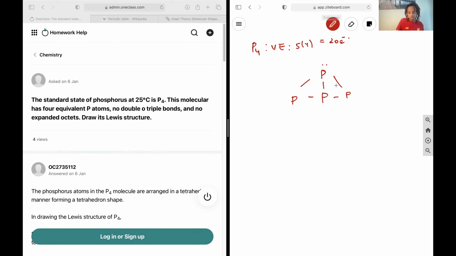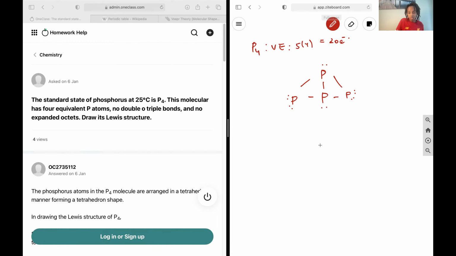This one has made 2 bonds, leaving 2 lone pairs. This one has made 3, and this one has made 2. Okay, and then let's see if that all works out. So we have 2, 4, 6, 8, 10, 12, 14, 16, 18, 20, 22. So we still have too many. So how we can actually fix this is we're going to additionally connect these 2.